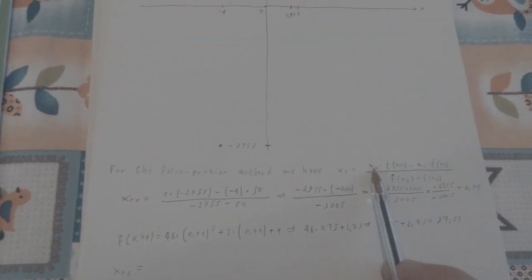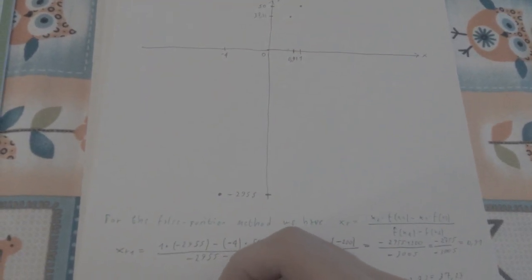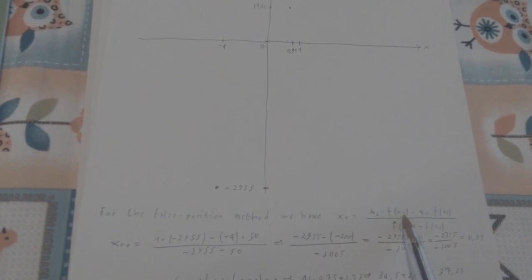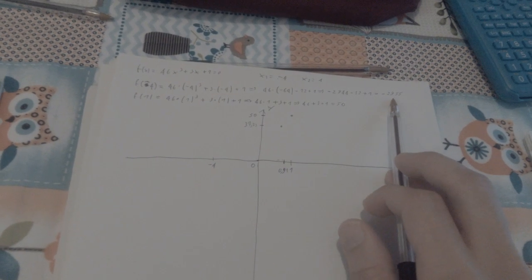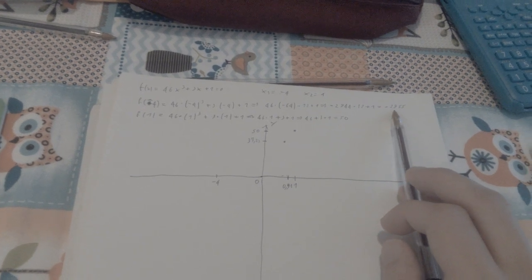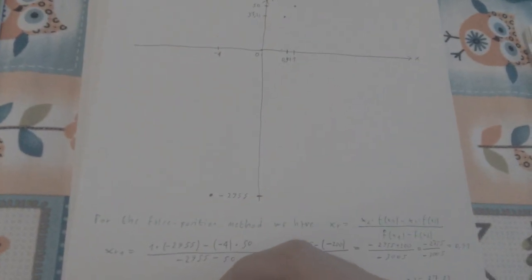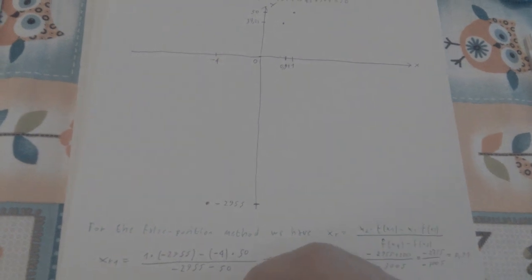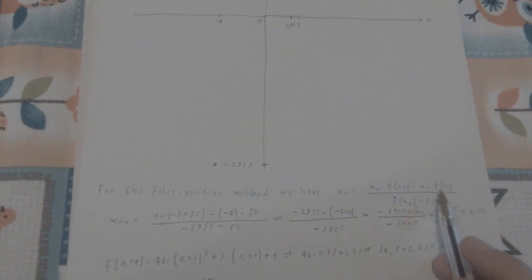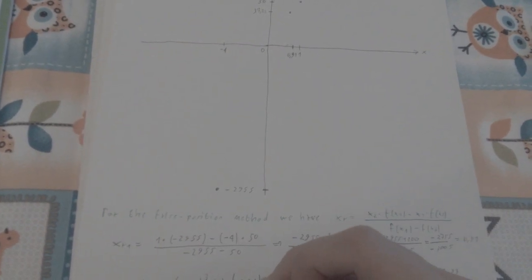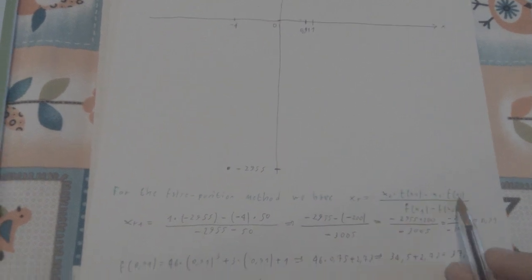xr2 is going to be given by x2, so 0.91, times f of x1, so negative 2,955, there we go, minus x1, which is negative 4, times f of x2, so 37.23.